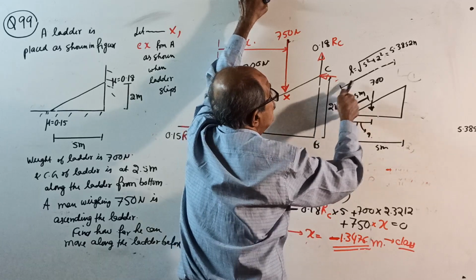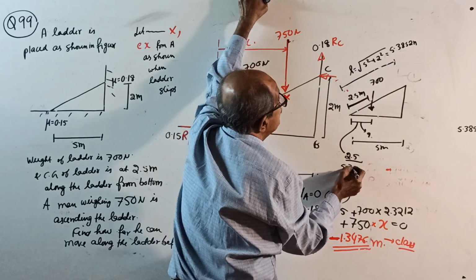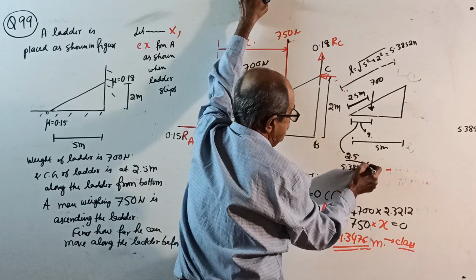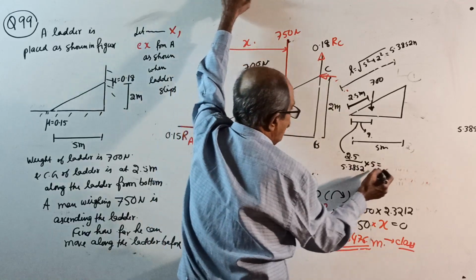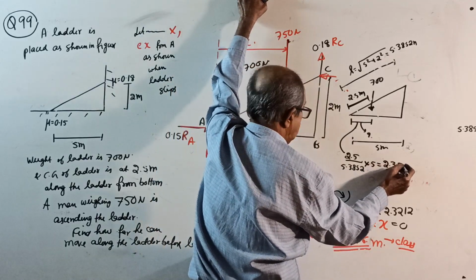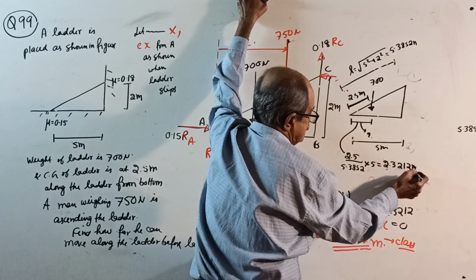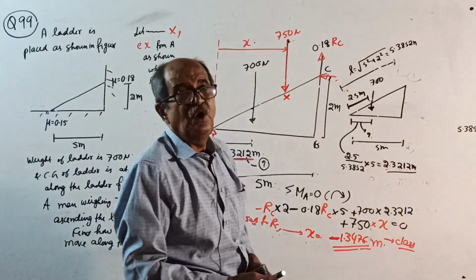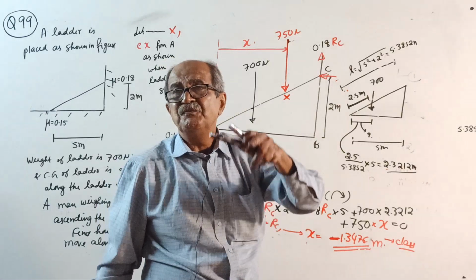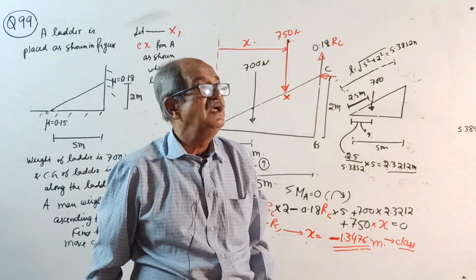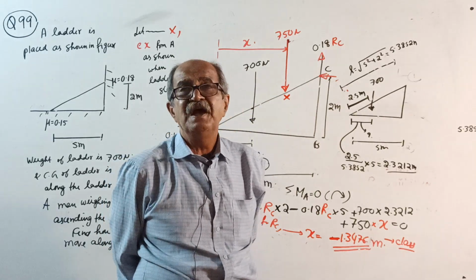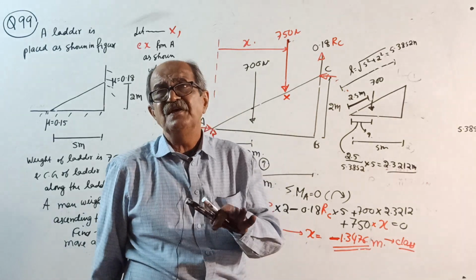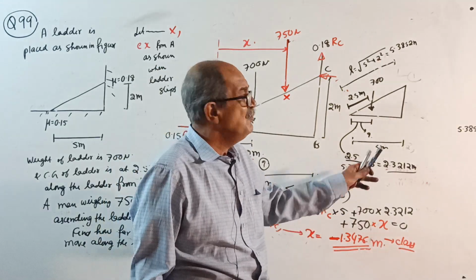That is for a length of what? 5.3852 multiplied by this length, 5. That will give you 2.3212 meter. First of all, remember, this all I told in the first class of ladder friction. Nearly more than 1 hour, 1.5 hours I taken. Everything I told. So if you are serious and study, this problem will not come.